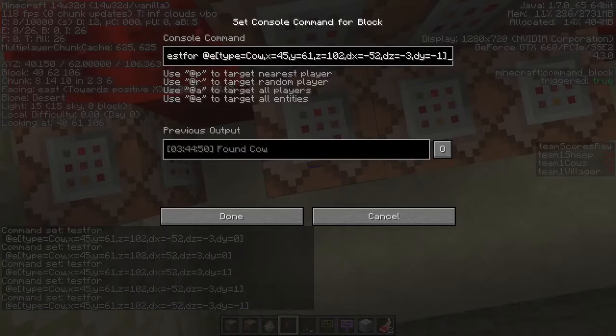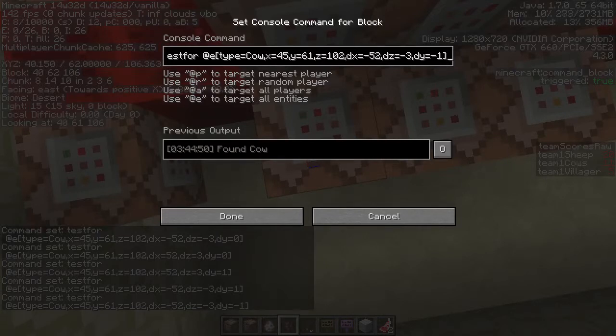It shouldn't be negative. Selects only targets within the volume defined as starting from the location where the command was executed and extending dx blocks in the positive x direction, dy blocks in the positive y direction, and dz blocks in the positive z direction.